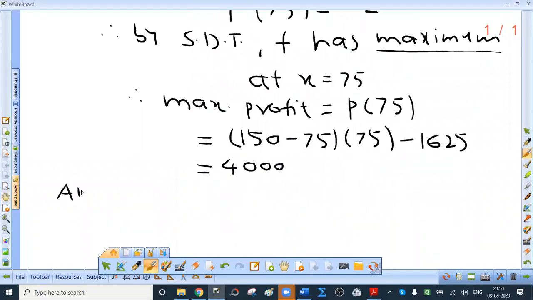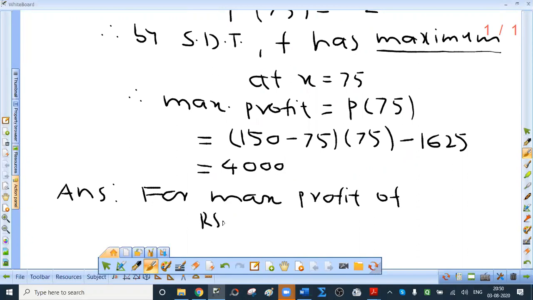Answer. For maximum profit of 4,000, rupees, not rupees, I'm sorry, I should say for maximum profit of 4,000 what? 4,000 unit, or just say 4,000.